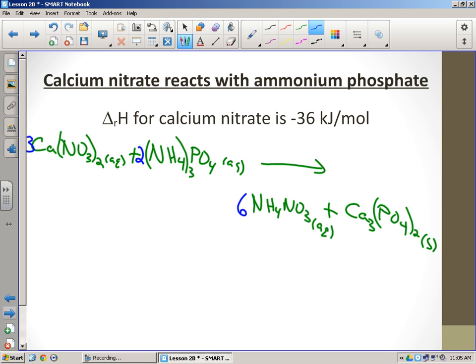Now, once again, we need to associate the enthalpy change here. They're telling you for this reaction, calcium nitrate, for that particular one, and I don't care about the ammonium phosphate in this case, and I'll actually mention something about that in a sec here. It's a negative 36 kilojoules per mole. Left side or right side, if I want to include this as a term within the equation, right side. So we're going to put in a positive right here, 36 kilojoules per mole, but here, look, I'm reacting 3 moles.